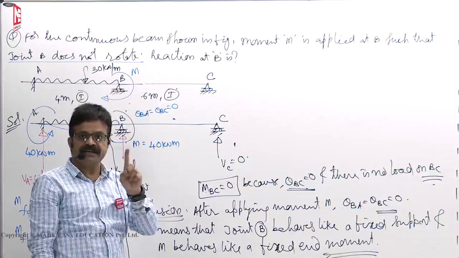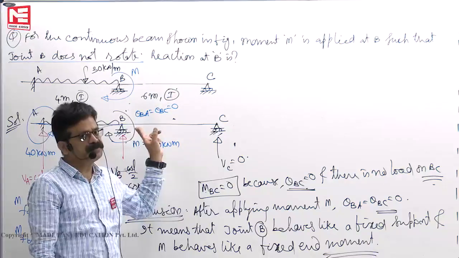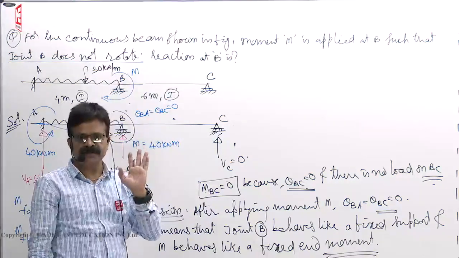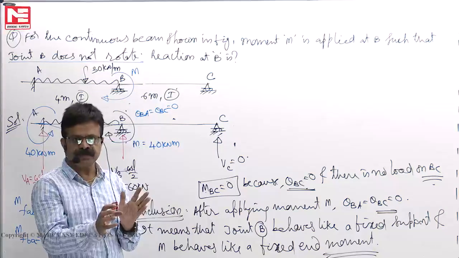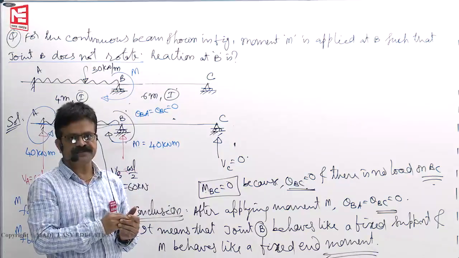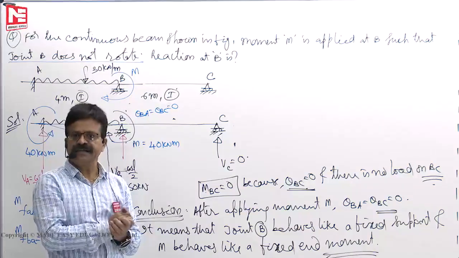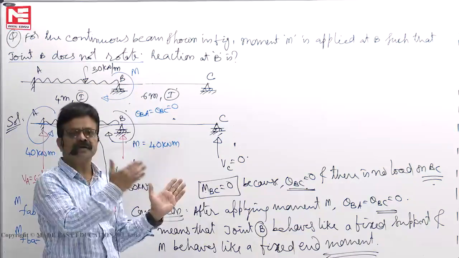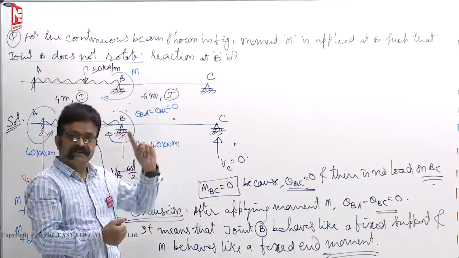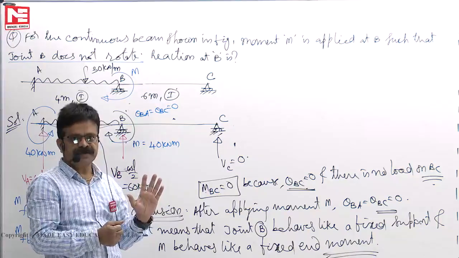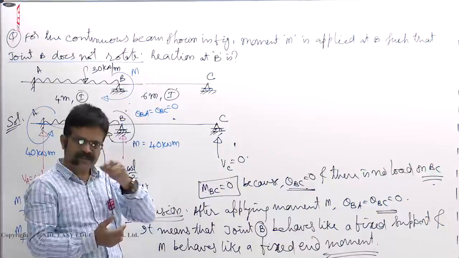If you have a statically determinate beam, when the support moves down, no reactions or moments will develop, because in a statically determinate beam, sinking of support causes rigid body rotation or rigid body translation. So no reactions will develop. But if you have a statically indeterminate structure like a fixed beam or propped cantilever, and any one support sinks down, then reactions will develop, because there are more reactions than equations of equilibrium.